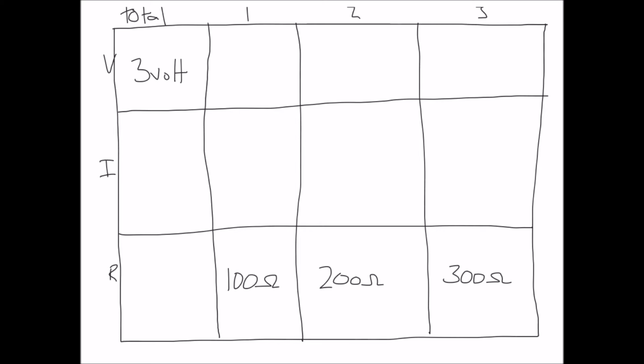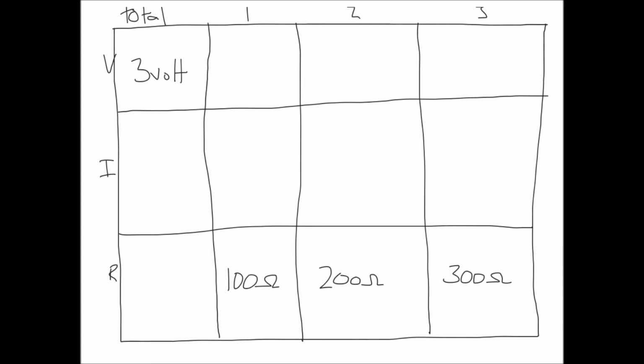So to start out here, we want to look if there's anywhere we can apply something like Ohm's law. Now Ohm's law can be applied in a vertical fashion here. If we see any column that has two things we know in it, we can find a third. And in this case, I'm seeing that every column only has one item in it. So this is going to mean that we can't use Ohm's law.